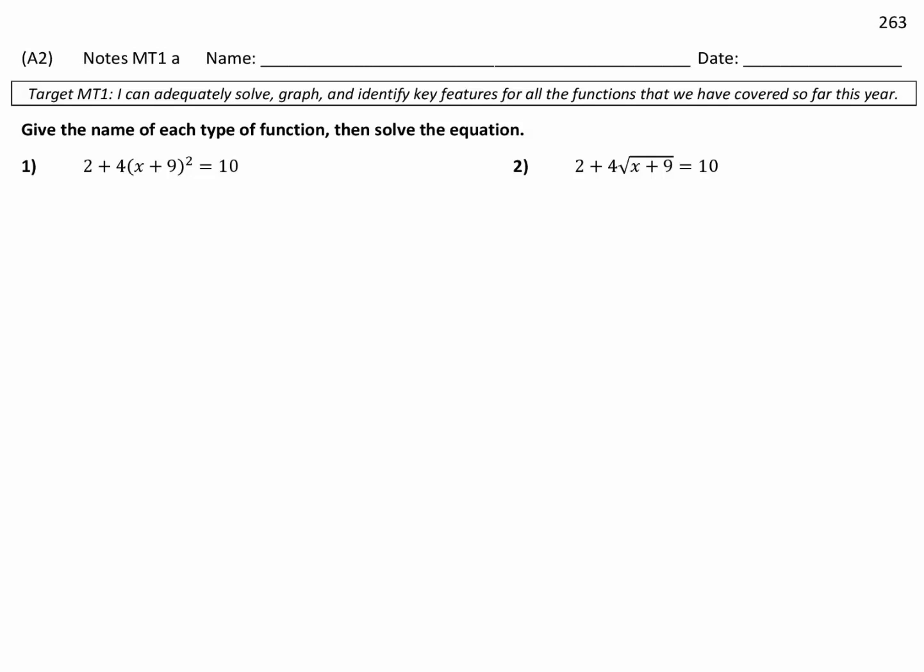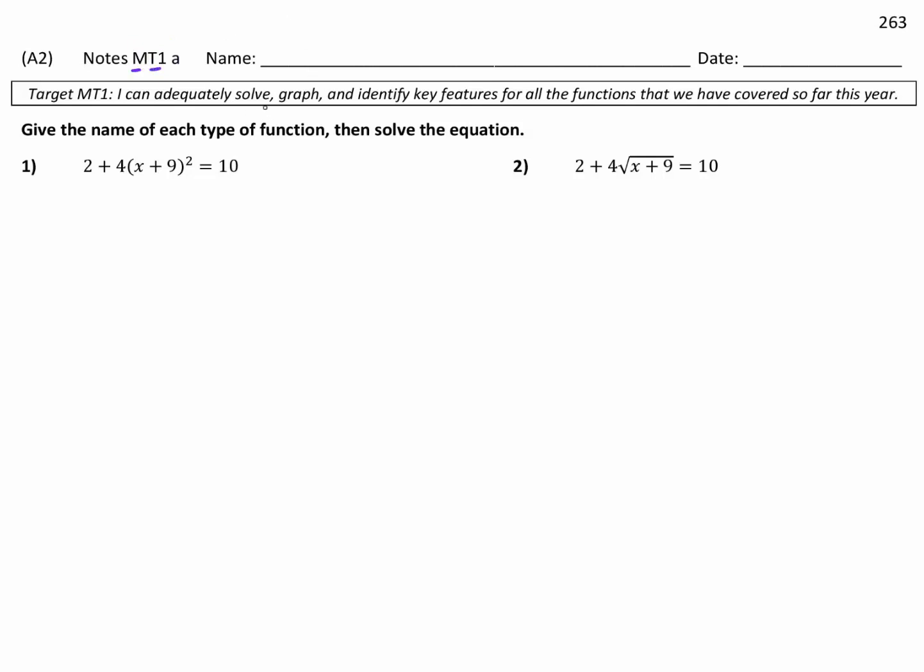Today we're going to be starting a new section of material that ties together all of the different ideas that we've covered so far this year. If you look in your binder, this will be maybe right around page 263. The letters that we're choosing to use here, MT1, just stand for Midterm Review.